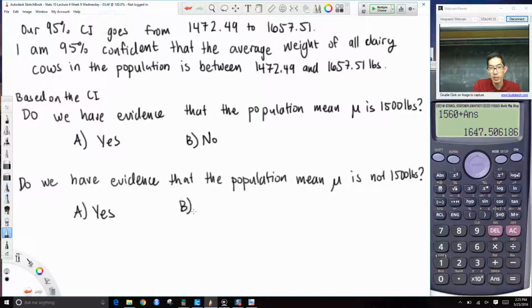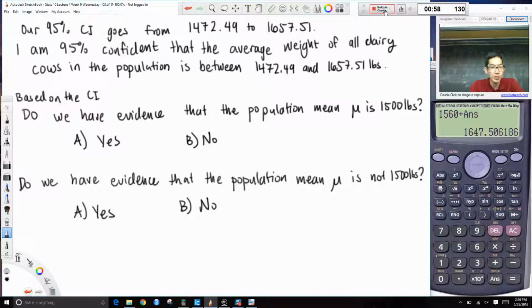Okay, again, yes or no. So do we have evidence that the population mean mu is not 1,500 pounds? Again, just get your clicks in.